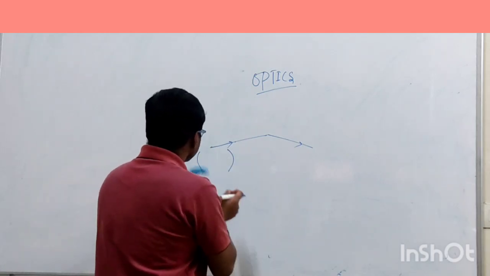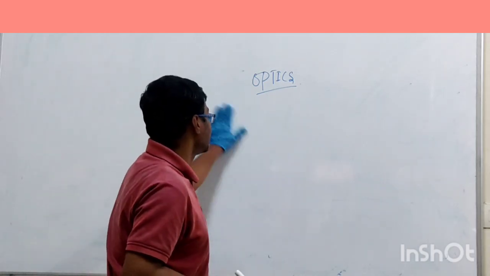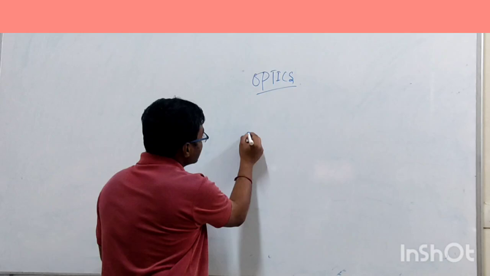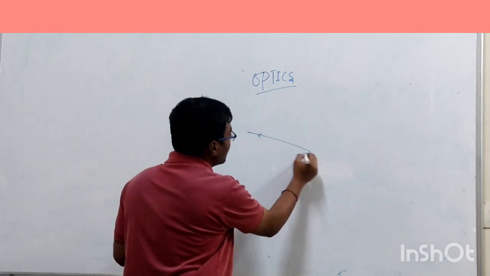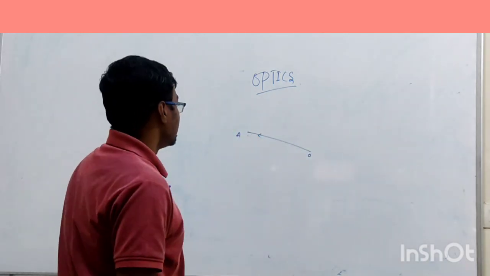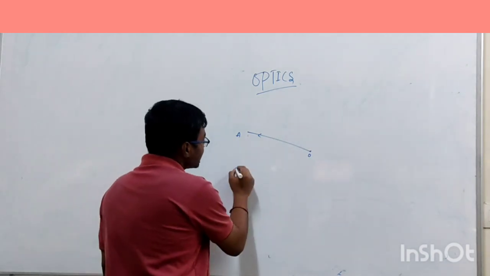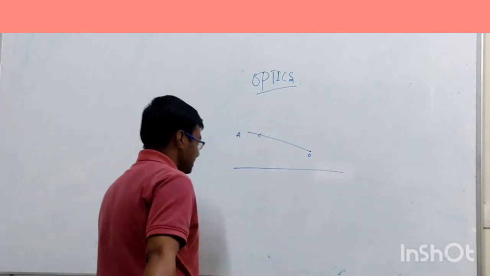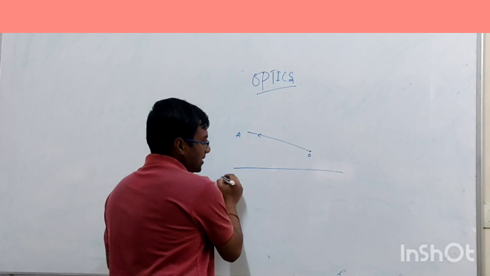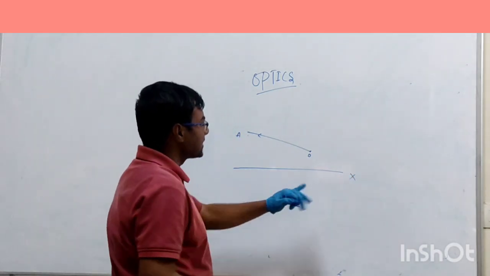For that case, let us consider one ray going from O to A. So how can I represent the point O? For that case, we can construct a baseline, say the x-axis.